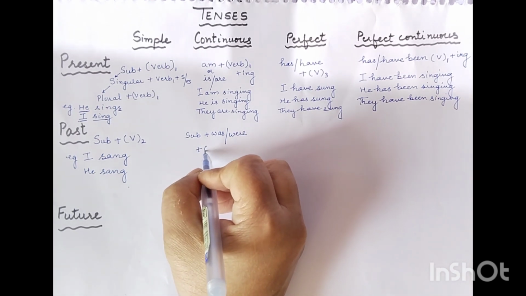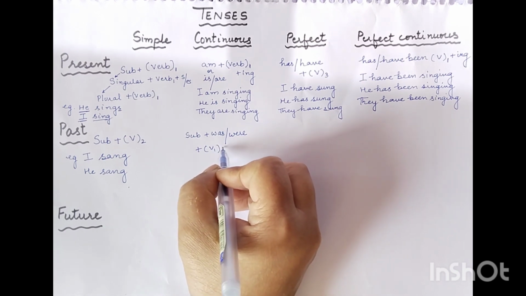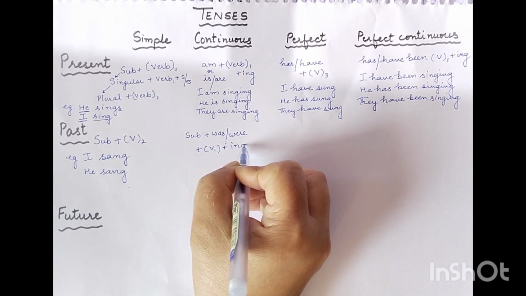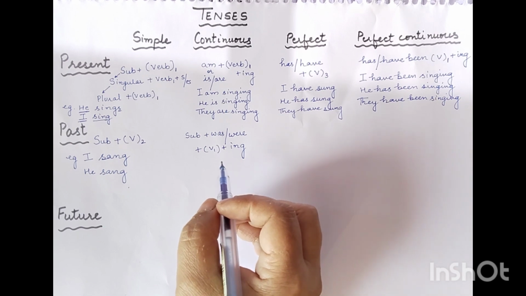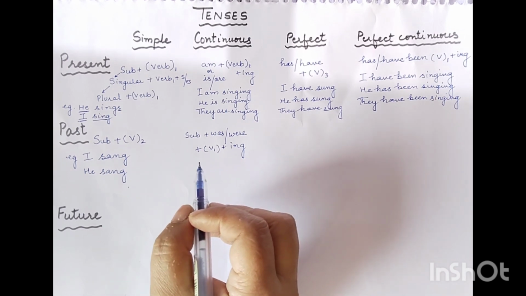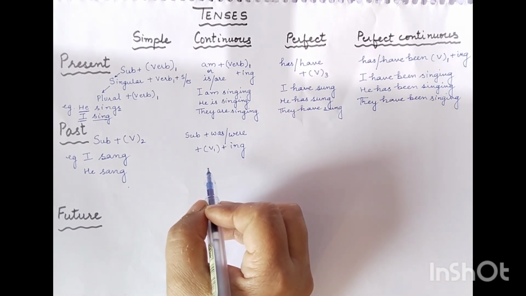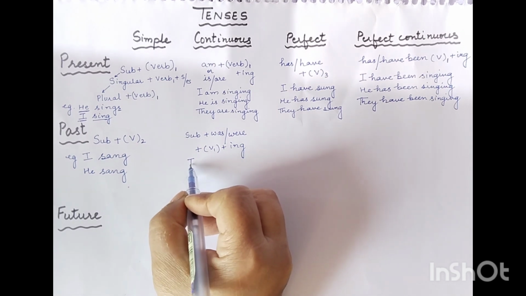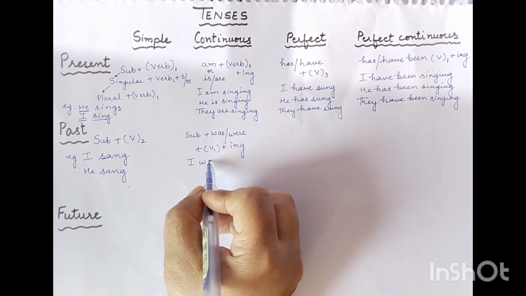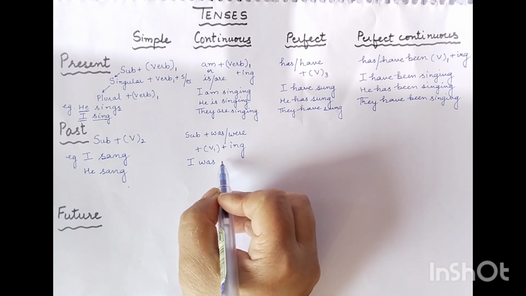In past continuous, subject plus was or were plus first form of the verb plus ing. For example, I was singing.